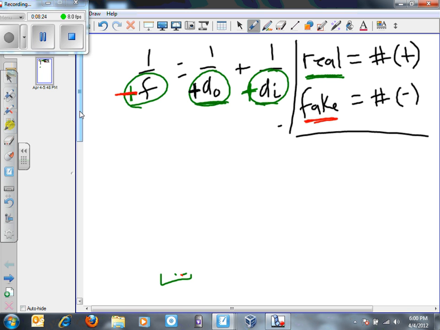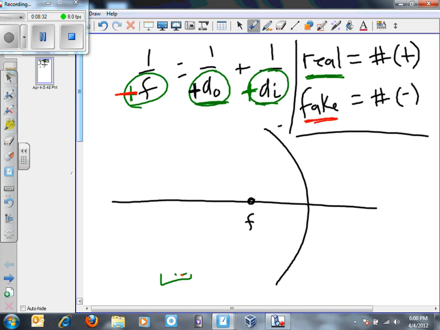Let's say that I have another converging mirror or concave mirror. Here's my focus. Let's say that my object is here. I do some quick ray tracing to try to find out where my image will be. And I see that I get these two lines here that will not converge.